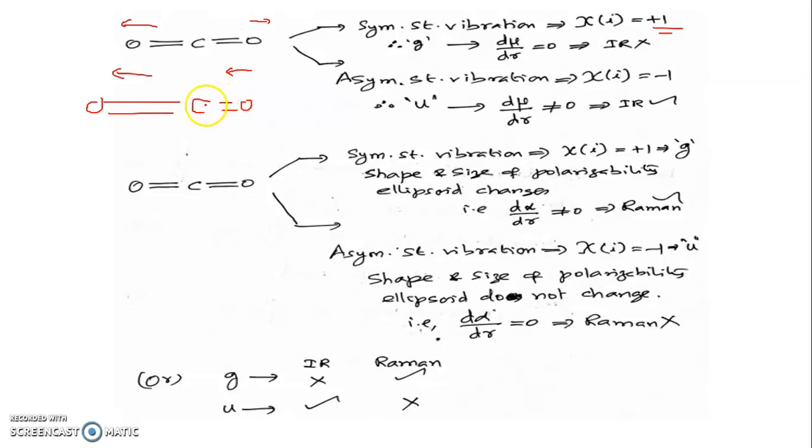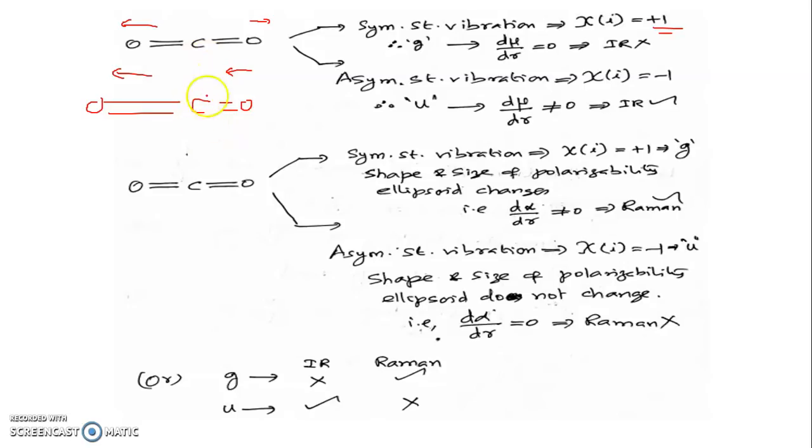Before vibration, the dipole moment of the molecule is 0. Now at this point, the molecule has some dipole moment. The dipole moment is not 0 here. So a change in dipole moment occurs. Before vibration, the dipole moment is 0, then at a particular instant of vibration, the molecule gains some dipole moment.